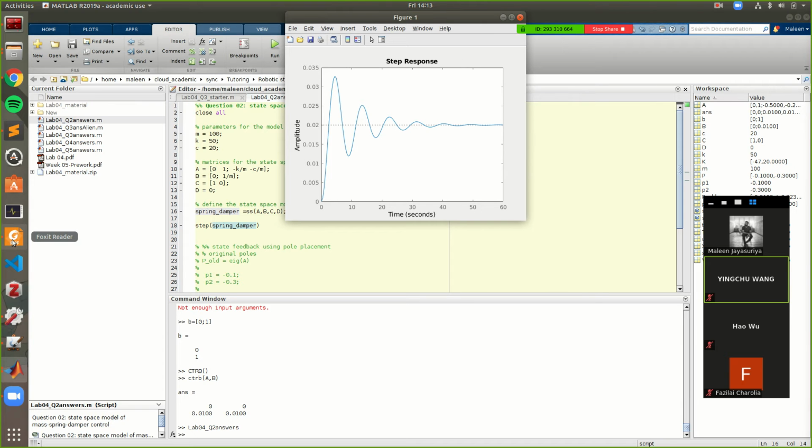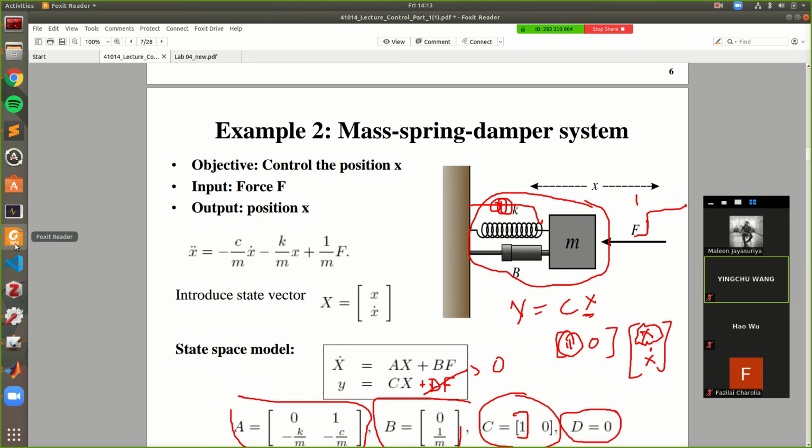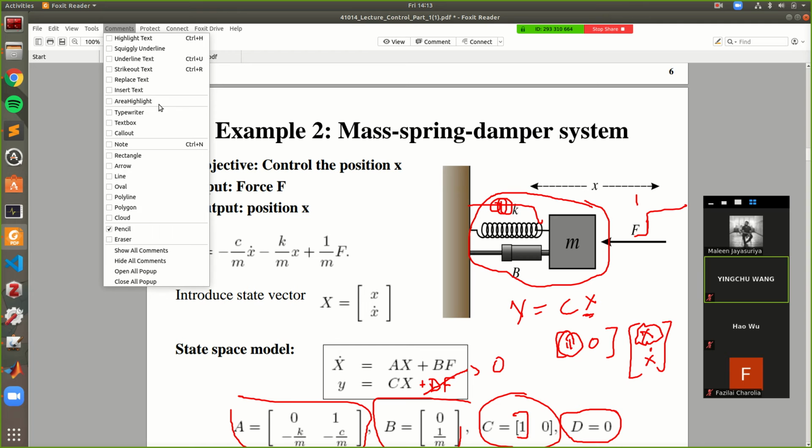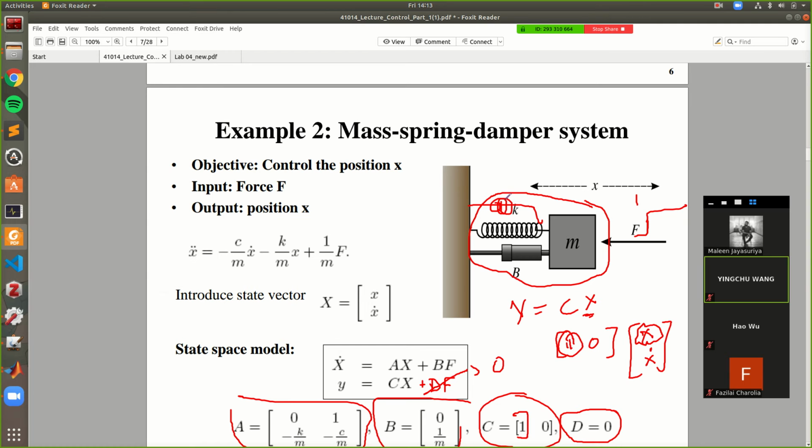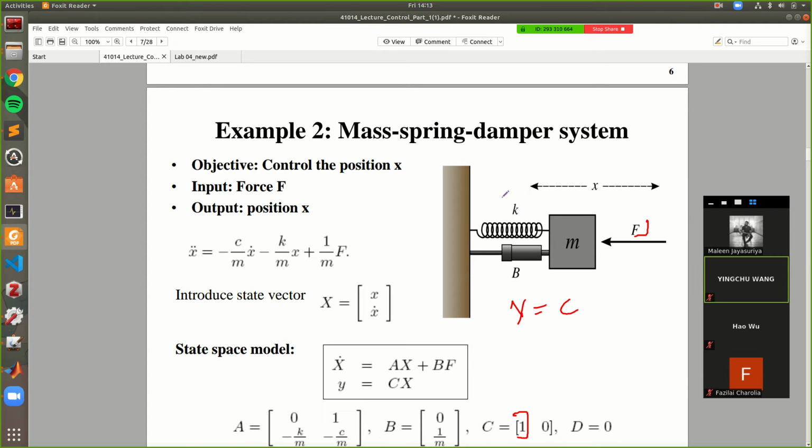So what that means is, if you have a spring damper system here, imagine I suddenly give it a 1 Newton force like this, and I keep giving the 1 Newton force continuously.